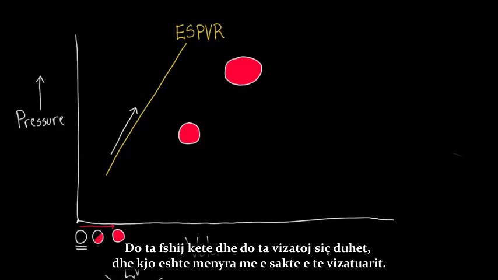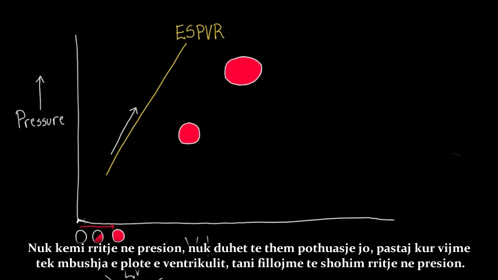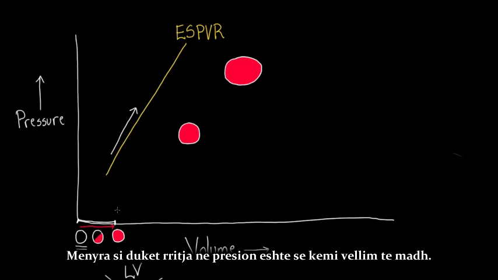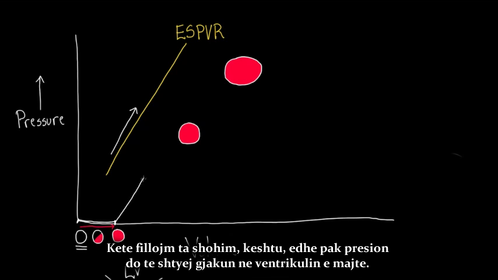And this is the more accurate way of drawing it in. You'd basically have really no increase in pressure. And then once you get to a full ventricle, now you start seeing an increase in pressure. And really, the way that an increase in pressure looks is that you have a larger volume. And that's what you're starting to see, right? You start to see that larger volume.